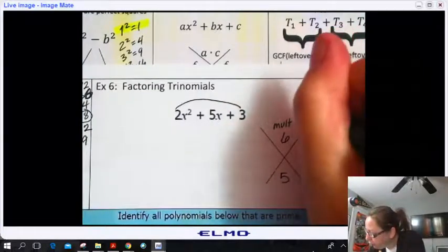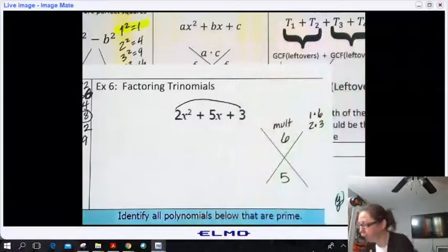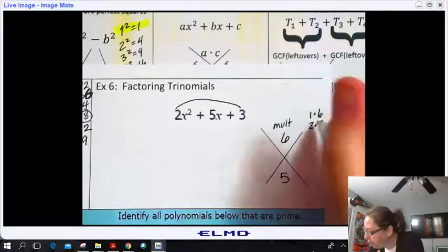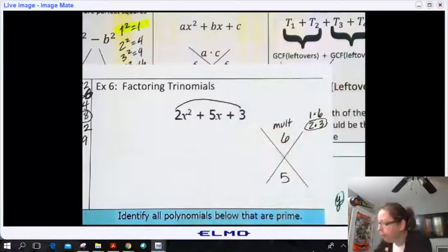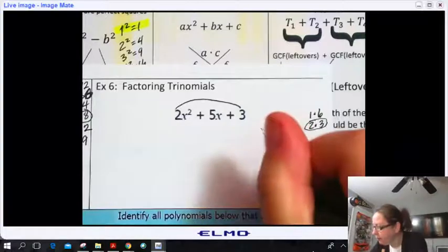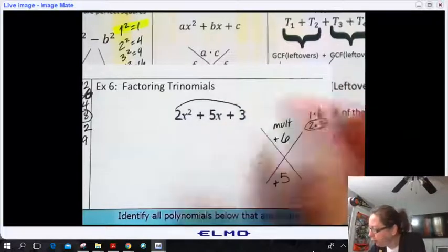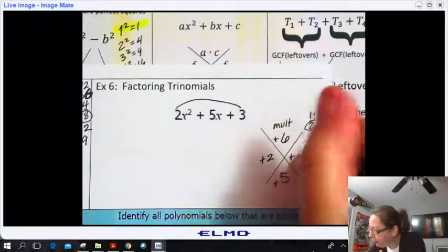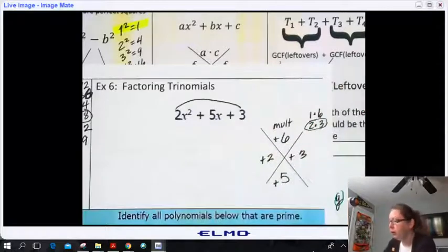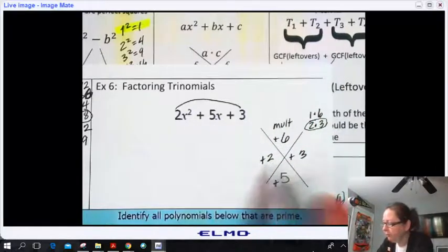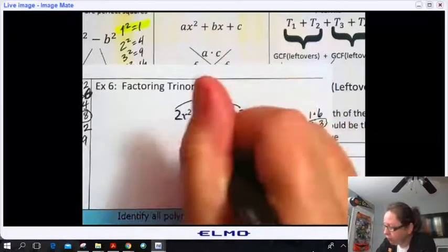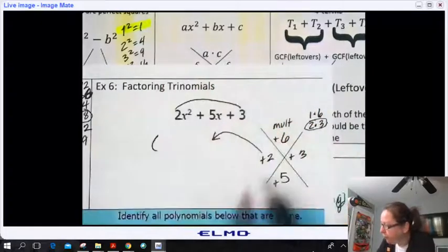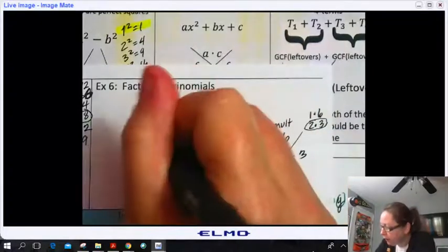It's 1 times 6 or 2 times 3. That's it. So obviously, the way to get to 5 here, when everything is positive, is to do 2 plus 3. So I'm going to go ahead and take these factors, put them into parentheses, changing their signs.